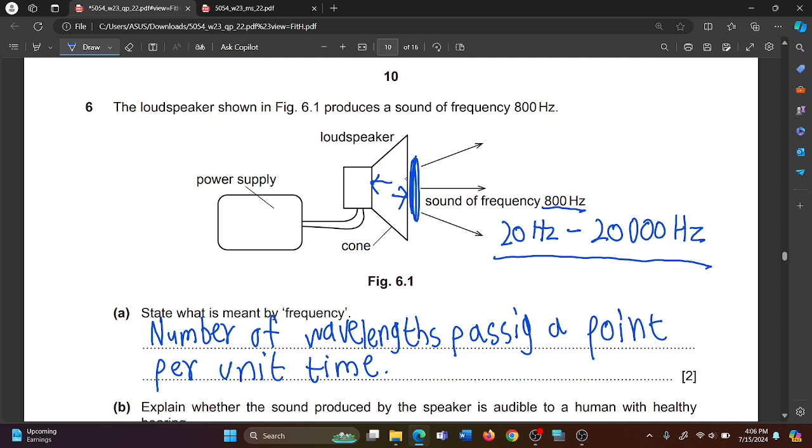But afterwards, this vibration is passed to the neighboring particles, which is causing the sound to spread, or to progress. The sound is traveling from left to right. So this transferring of vibrations to the neighboring particles causes sound to progress or move forwards.